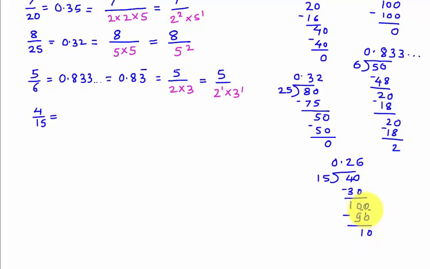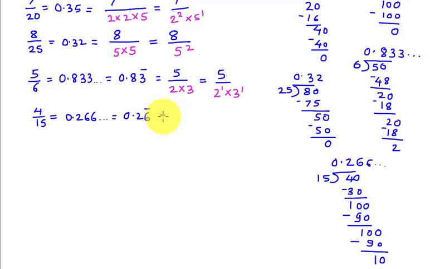In the previous step the remainder was 10 and in this step it is also 10. So the digits will repeat. So 15 6s are 90 again. Hence we get 10 as the remainder again. So it is repeating and non-terminating. So the decimal value of 4 by 15 is 0.266 and so on. So we can write it as 0.26 and put a bar over the repeating 6.